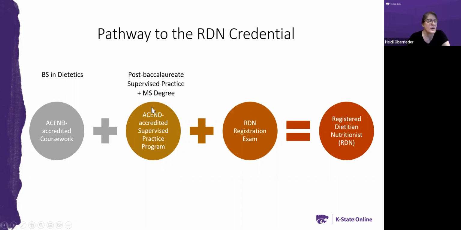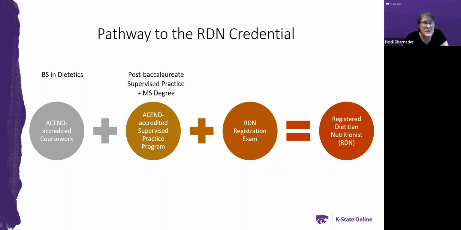There was a time when ASCEND recognized that we didn't have enough internship spots available for all the people that wanted to become a dietitian. So they offered programs like mine that we could offer some internship spots without hiring a whole other program director, which would be required by ASCEND's policies.